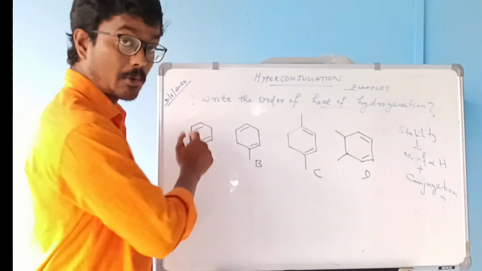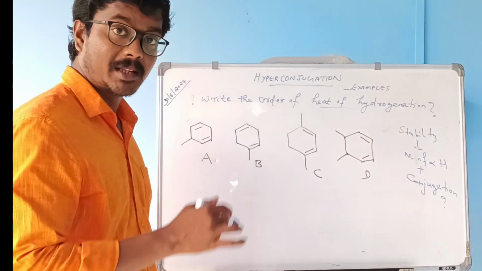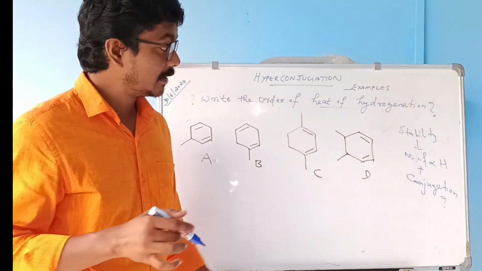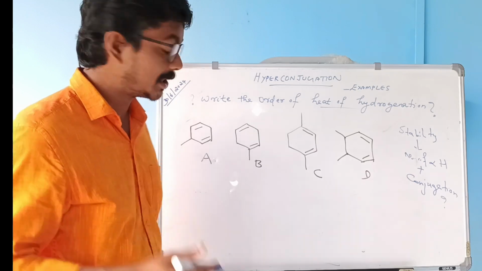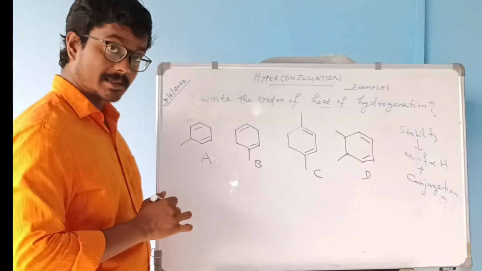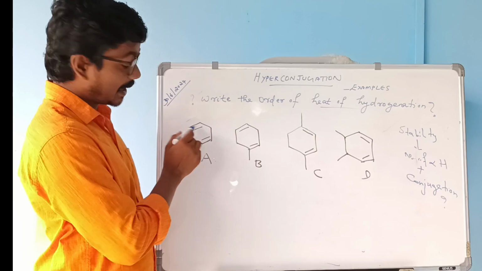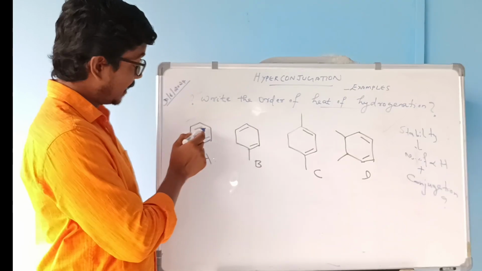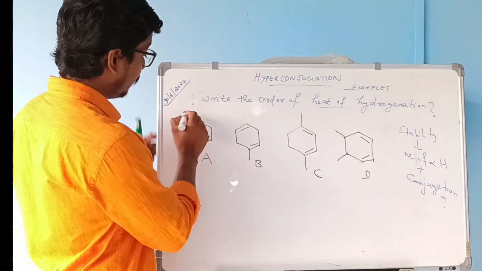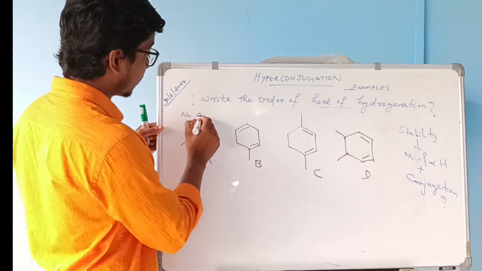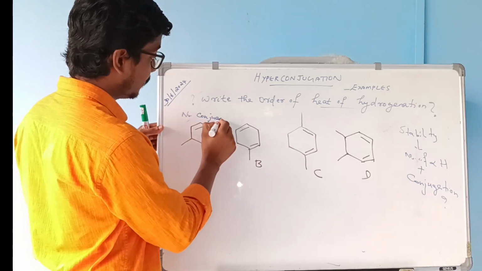Conjugation means alternating single and double bonds. If conjugation is not there, stability is also reduced. So in the first case, this is a double bond, single bond, again single bond and double bond. So a lack of conjugation is there.